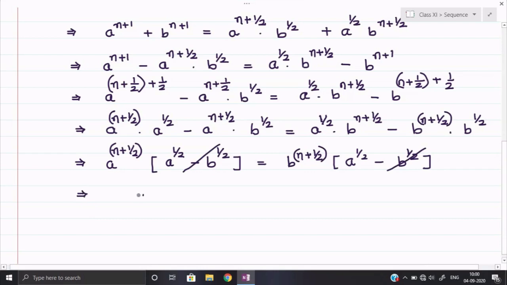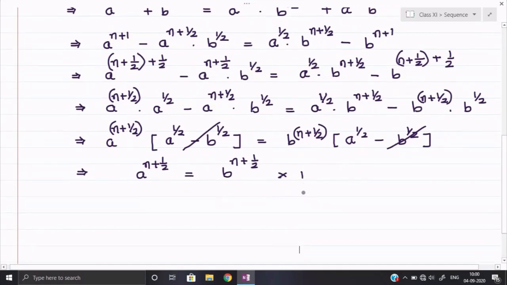Now a to the power (n+1)/2 is equal to what remains, b to the power (n+1)/2, that will remain into 1, I can suppose here. If you multiply by 1 it doesn't make any change, but I can suppose into 1.